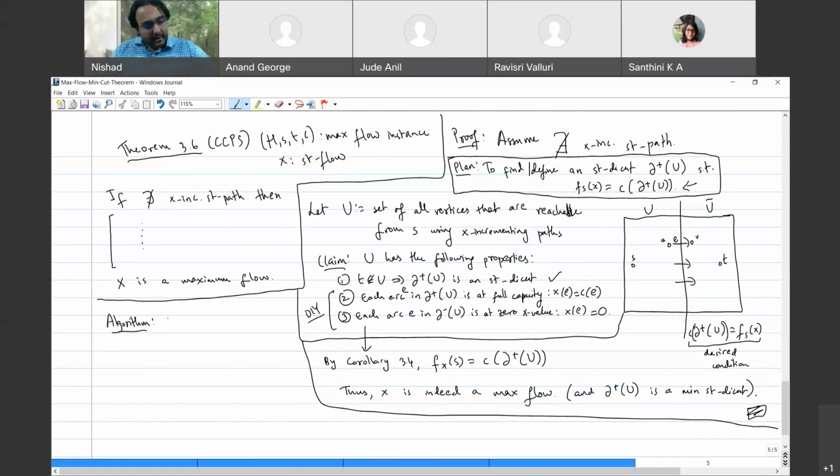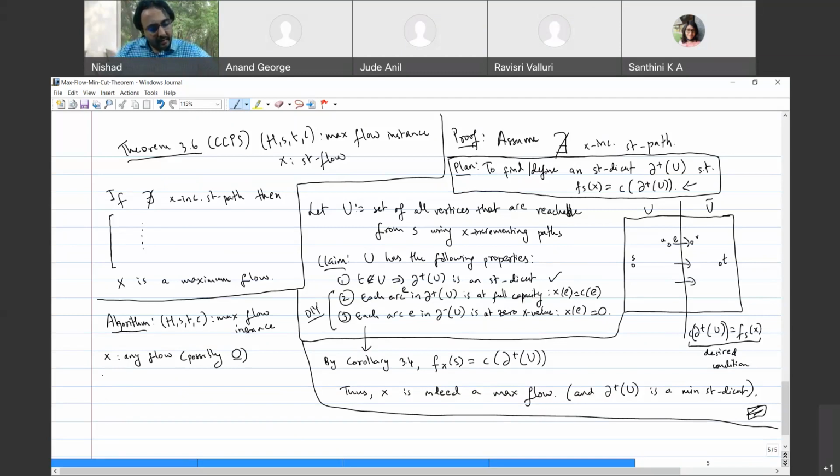Okay, so let's say we are given H, S, T, C as usual. What we will do is start with any flow, which could be just the zero vector. X is any flow, possibly the zero vector. Okay.